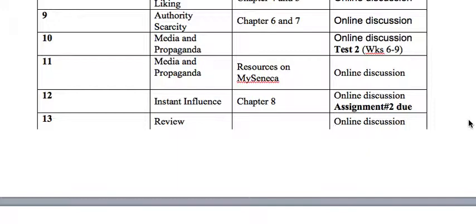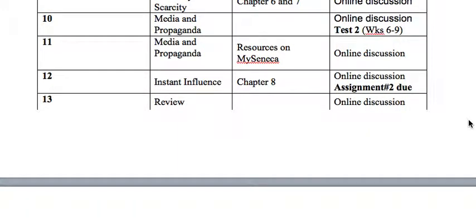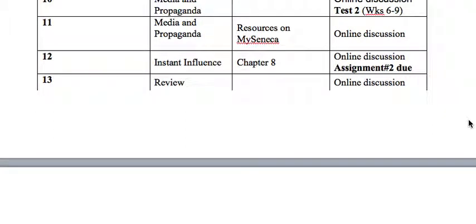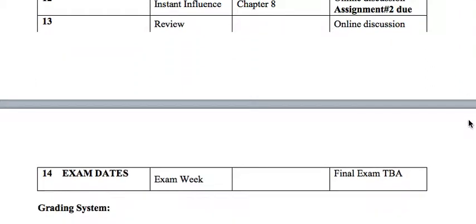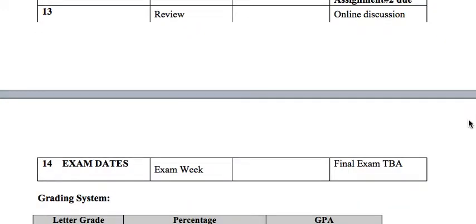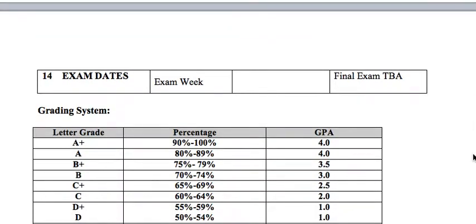Week 11, we're going to continue resources from propaganda and media, and there'll be another follow-up discussion. Week 12 is going to be looking at instant influence, which is chapter 8 of your text, and your second assignment is due in week 12. Week 13, we're going to have a review because the following week in week 14 will be your final exam.